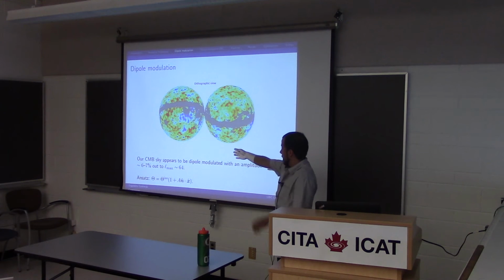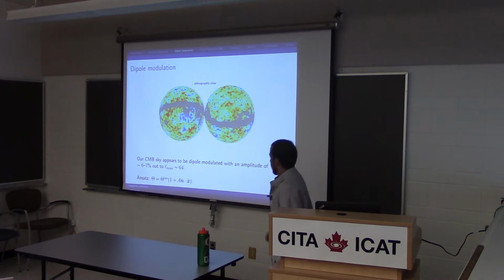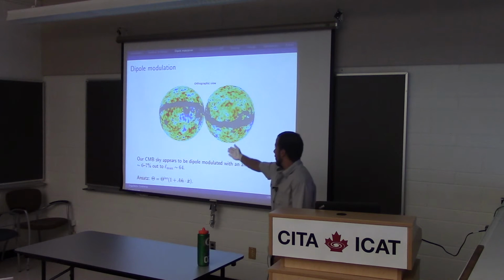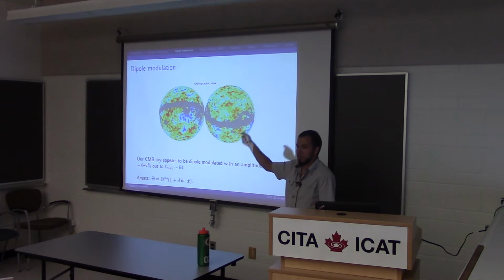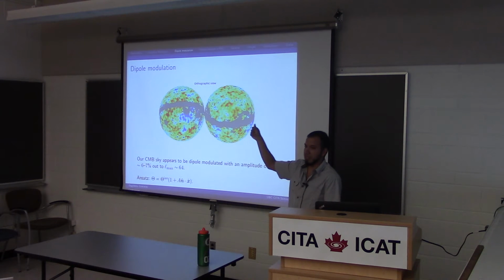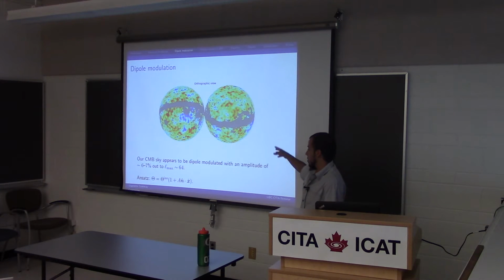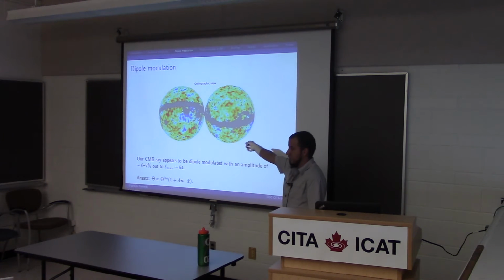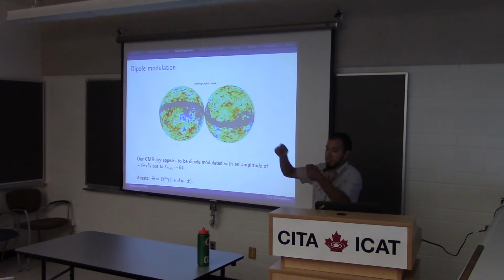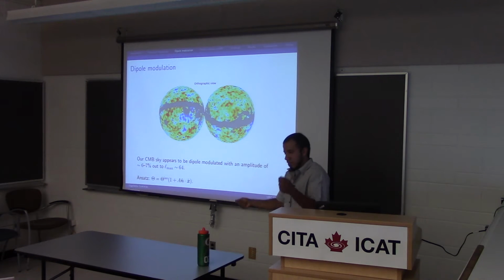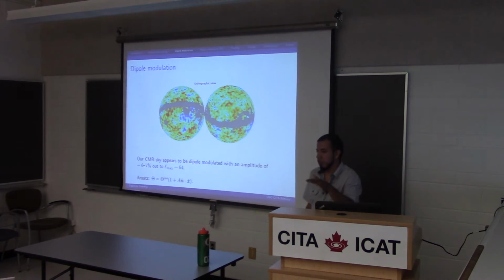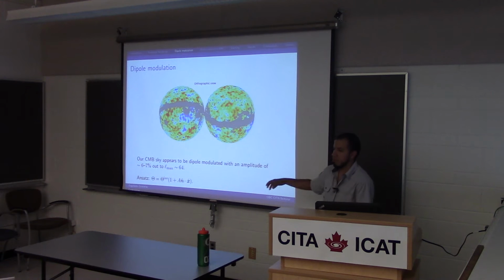So you'll notice, well, I don't know if you will notice, the plot on the left, the red and blue spots are redder and bluer than the ones on the right. So if you fit this, there's a dipole of the anisotropies on the sky, and this is a 6 to 7% dipole. Cosmic variance alone will give you a 2 or 3% dipole on these scales, so this is roughly a 3 sigma effect.